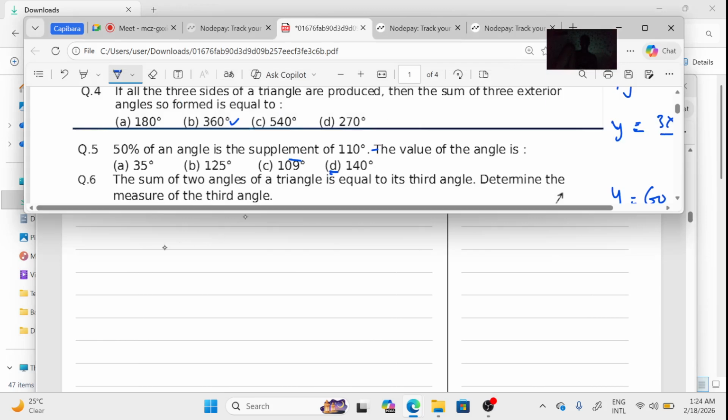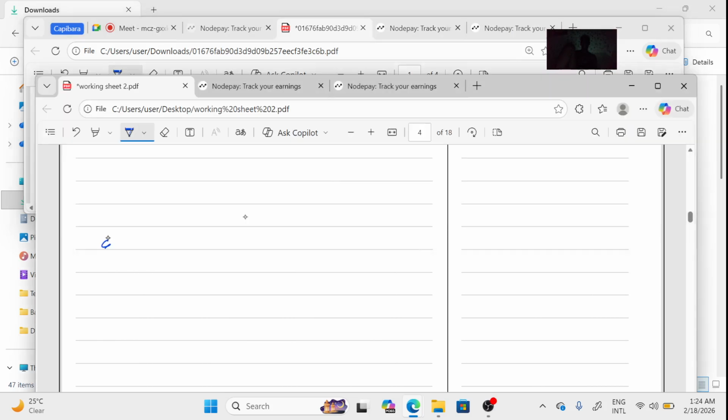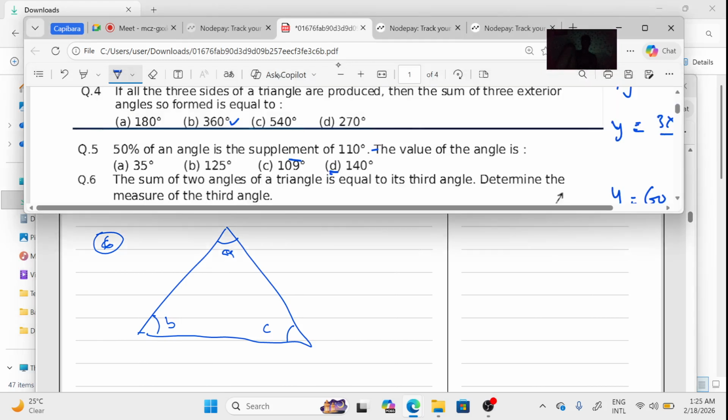Question 6 is saying that when you have a triangle like this, you have A, you have B, and you have C. The sum of two angles of a triangle is equal to its third angle.